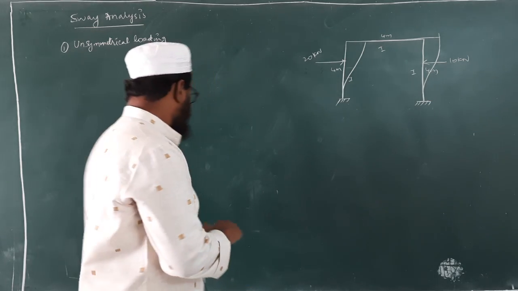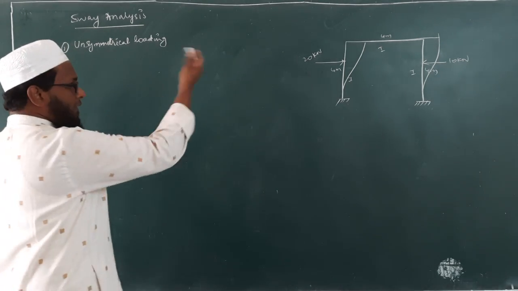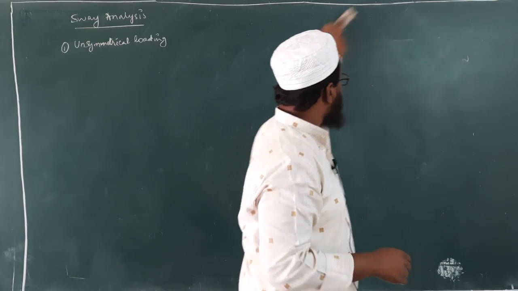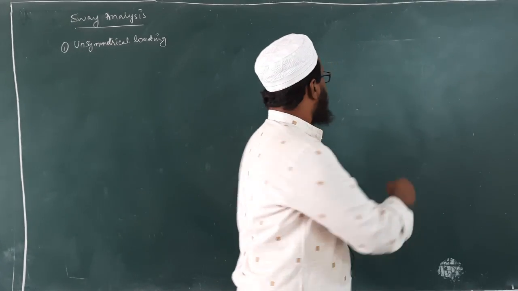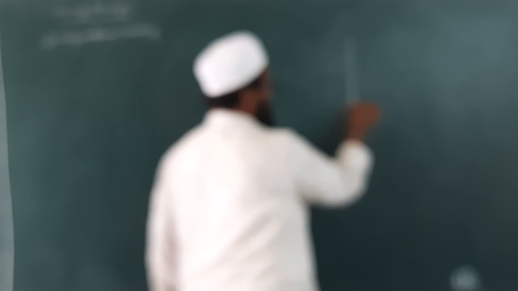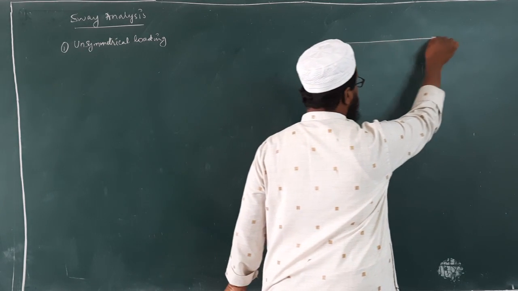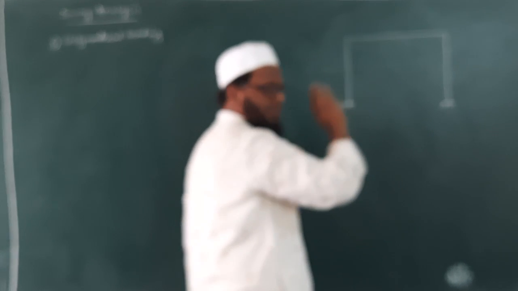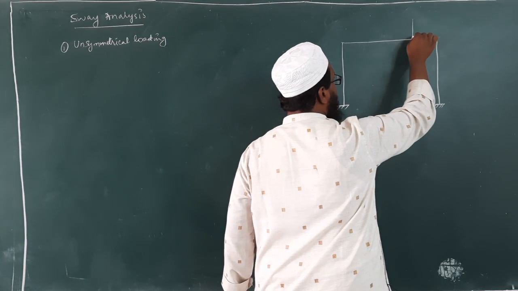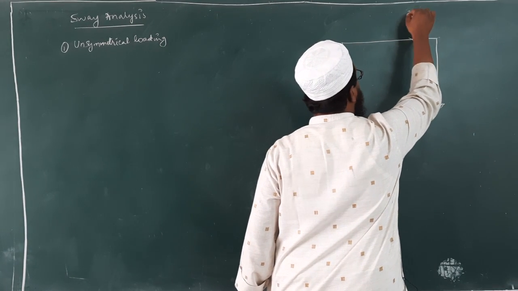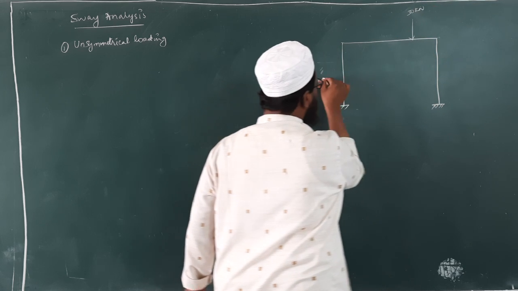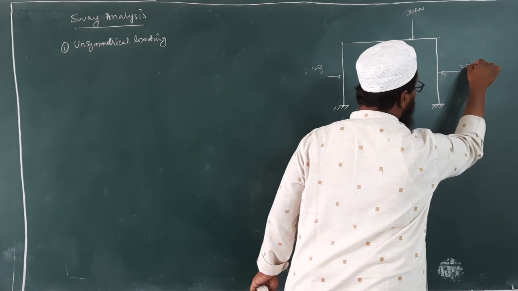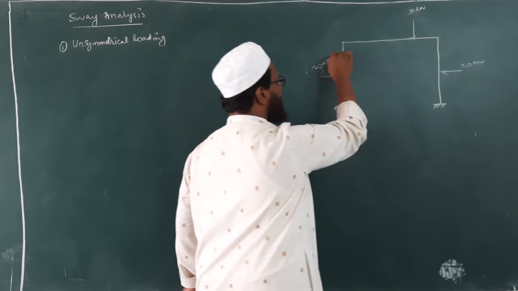Another condition is, one more example for this one is, suppose we have the same frame again. Same frame, all dimensions are same, but we have a point load of 30 kilonewton like this. Even though we have here 20 and 20 kilonewtons. Okay.